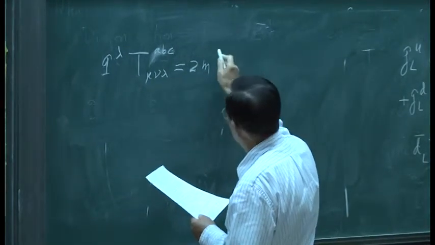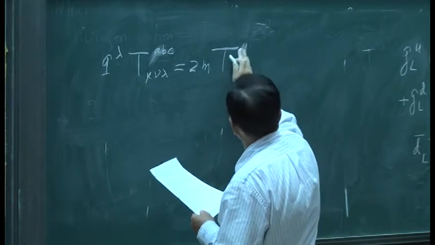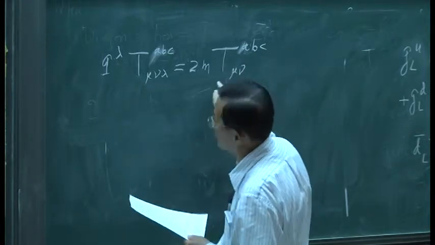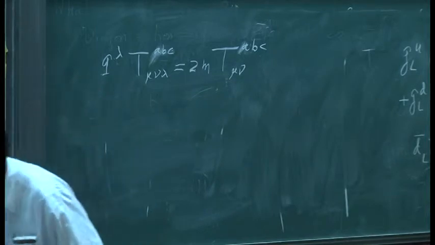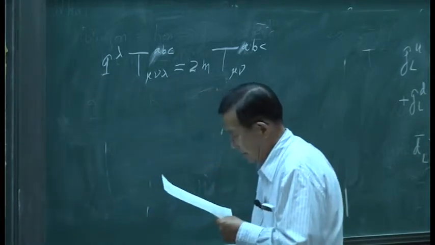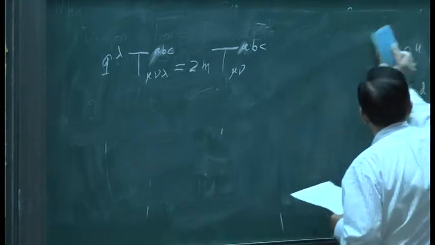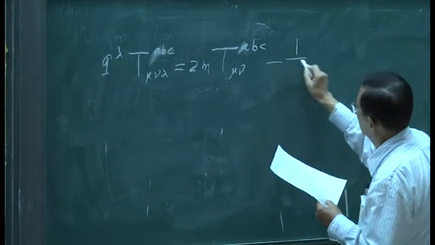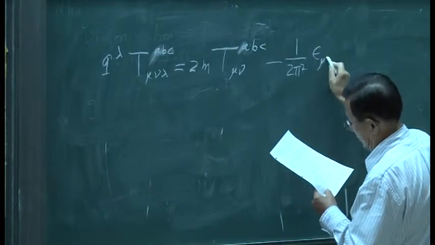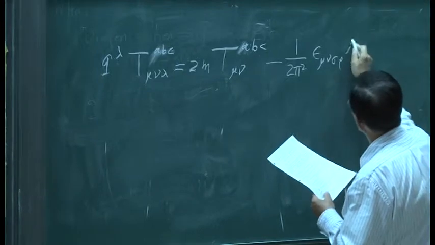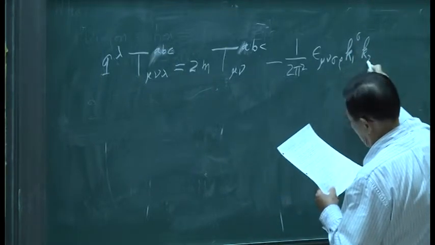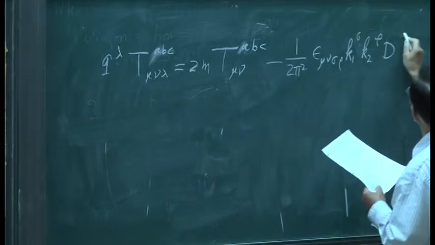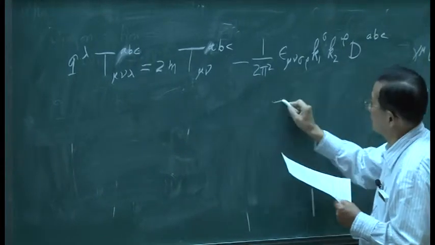You get 2m times the pseudoscalar term, where you replace this by P. And in addition, there's a term like this, 2π² ε^{μνσρ}, and then you have K1 σ, K2 ρ, and so on, with the trace T^A T^B T^C, and then plus some commutator.